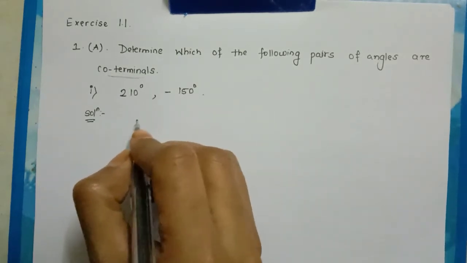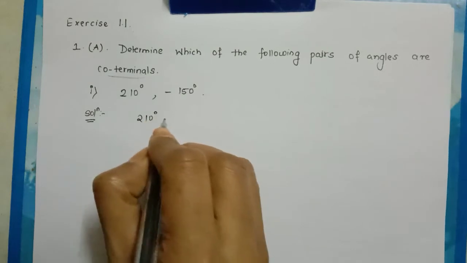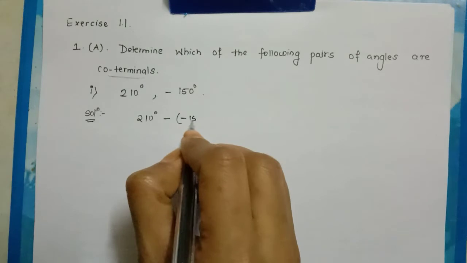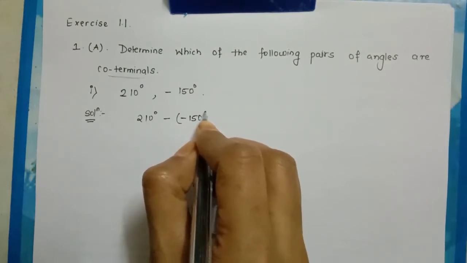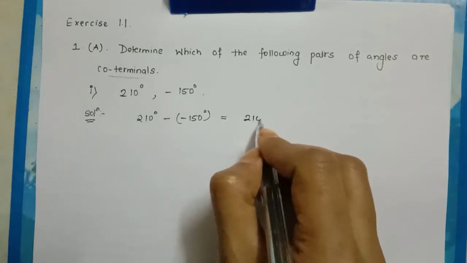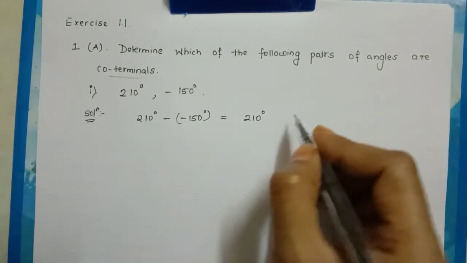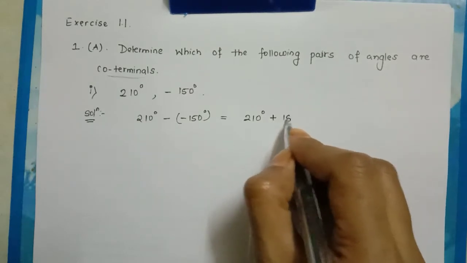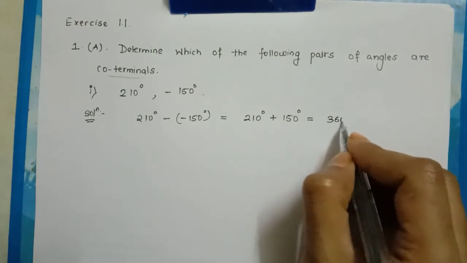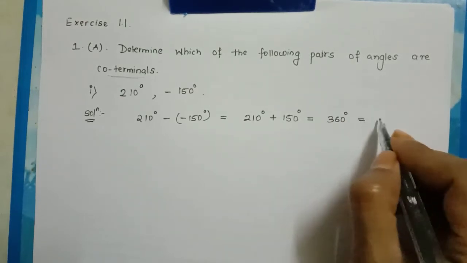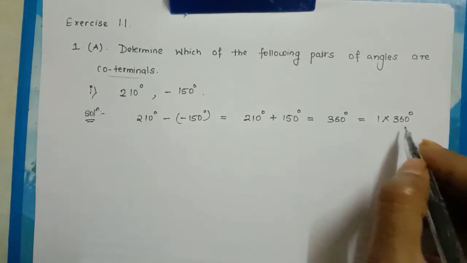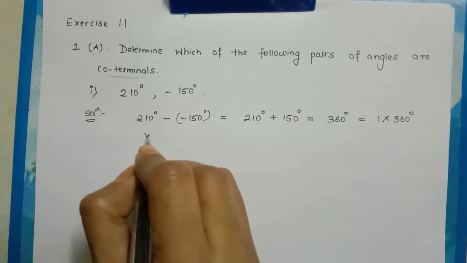So here I'll take the difference of these two angles. Difference means we have to subtract here. So this will be 210 degree, minus of minus will be plus 150 degree, and the addition will be equal to 360 degree, correct? So this can be written as 1 into 360 degree, which is a multiple of 360.